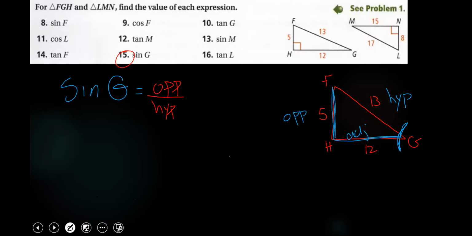Is it 5 or 12 or 13? No, 5. 5, bravo. Where is the hypotenuse? 13. Thank you, miss. This is for number 15. Thank you, Masa.